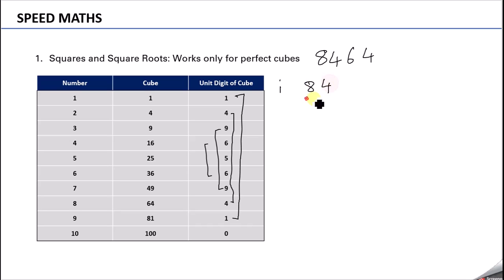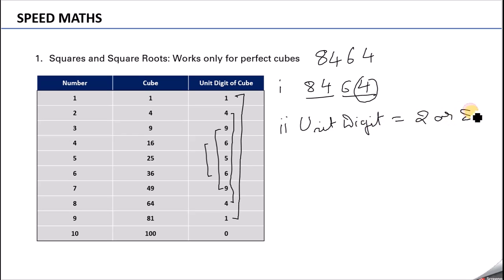So 84 is one group and 64 is one group. Since it's 4, your unit digit is 4, so your number could be 2 or 8. From the table, the unit digit could be 2 or 8. Now we'll park this.